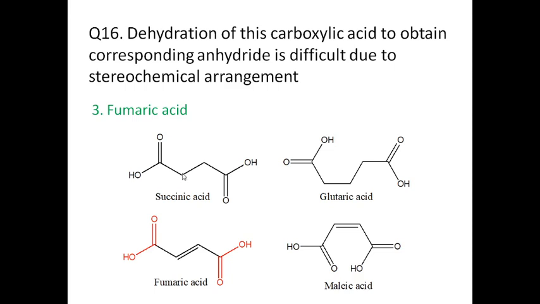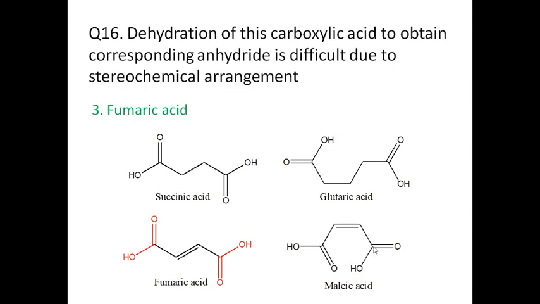First look at succinic acid. Here there are two carbon atoms, and these two carbon atoms have a freely rotatable bond. This can easily rotate, and these two can easily join, remove a water molecule and form anhydride. Here also these three are rotatable bonds, and these two carboxylic acids can easily dehydrate and form anhydride. In malic acid also you can see there is restriction in rotation, but despite this restriction you can see these two are close to each other, so it can form anhydride.